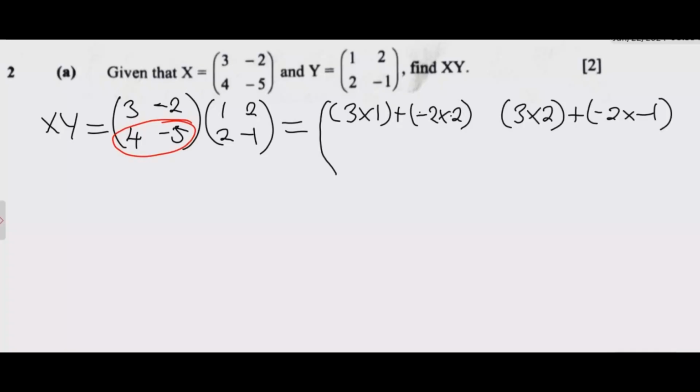We will do the same thing. We will multiply the second row of matrix X by all the columns of Y. So we start with open bracket, then open bracket 4 times 1 close bracket plus -5 times 2.